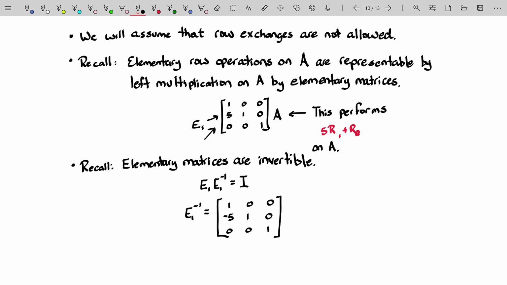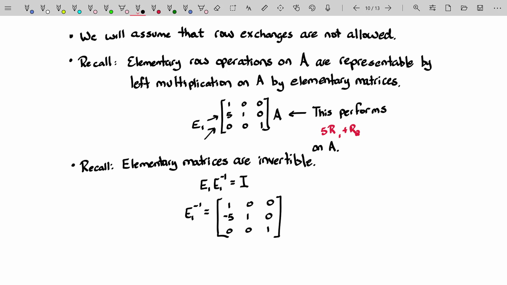Now it should make sense if somebody comes in the room and says, you know what I'm going to do? I'm going to take row 1, multiply it by 5, and then add that to row 2. And you say, I don't like that you did that. I'm going to undo that. So the way I'm going to undo that is I'm going to take negative 5 times row 1 and add it back to row 2. And that undoes your positive 5 times row 1 and adding it to row 2.